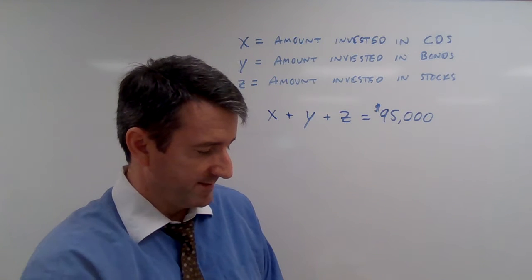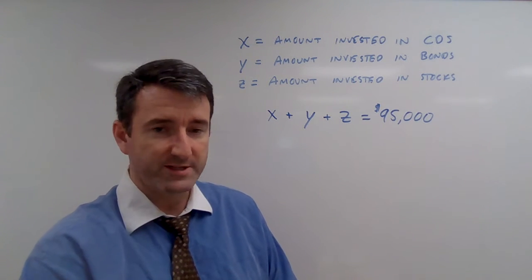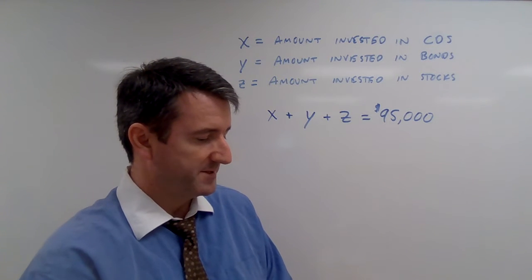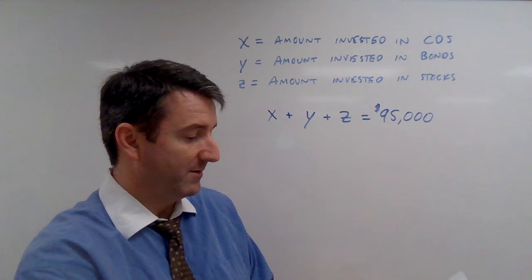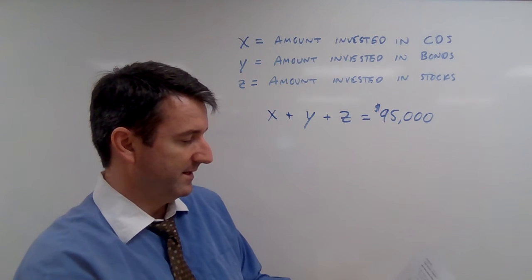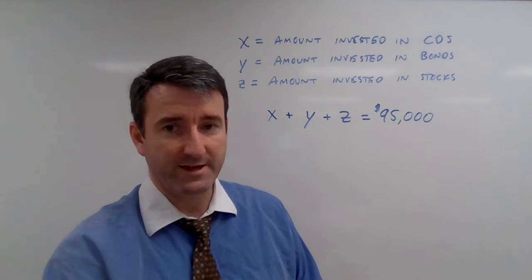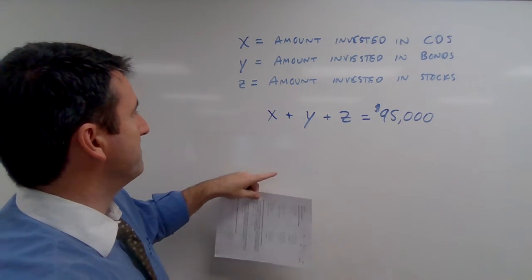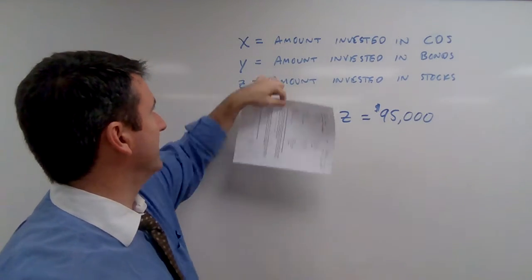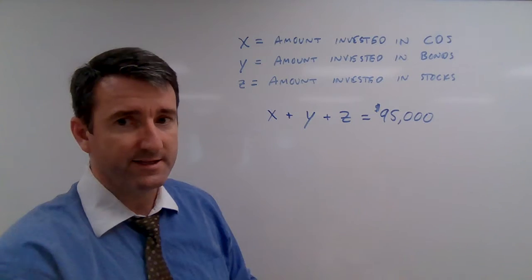The second equation is going to come from this second sentence that says the CDs pay 4% annually, the bonds pay 6% annually, the stocks are expected to return 13% annually, and then we also need the information that he wants a combined annual return of $10,370. So you're going to get 4% from the investment in CDs.